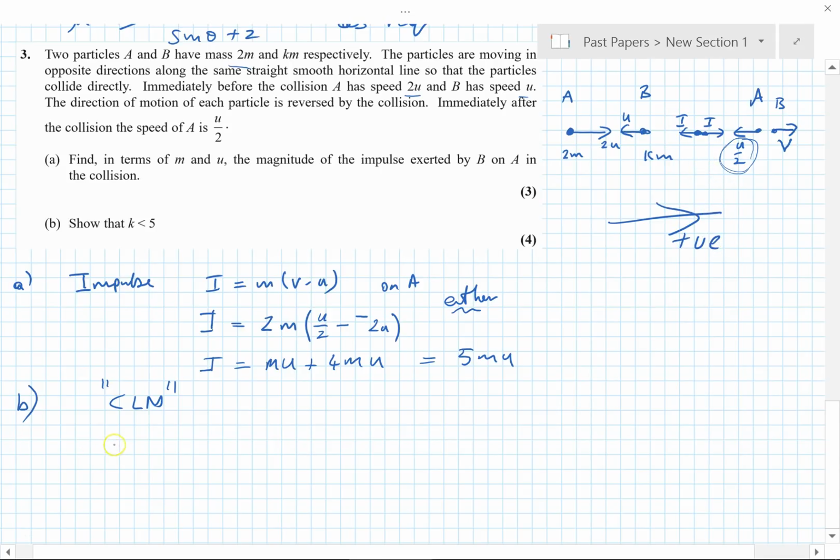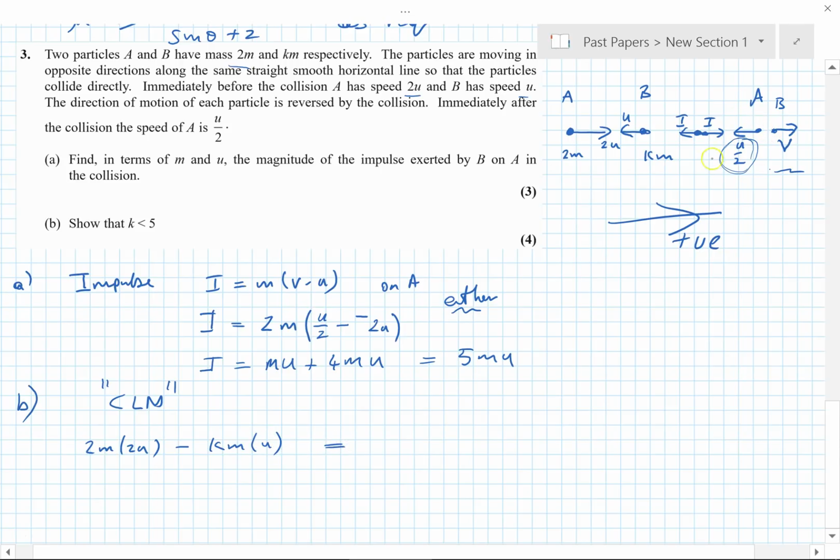Okay, and we're going to get an expression for v with k's in it. And I'll tell you what we're going to do about that in a moment. We're going to get an equation with v in it. So we have this here, 2m times 2u. Now this one's going in the opposite direction, so that's minus km times u.